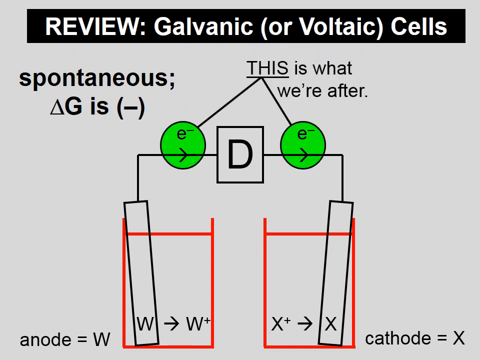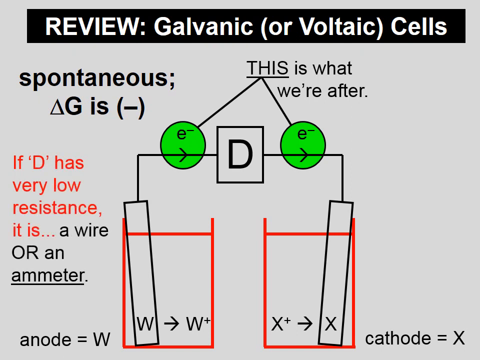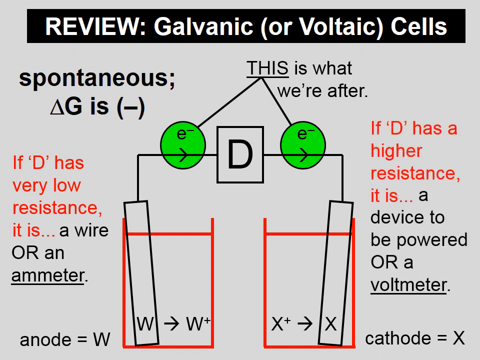And what we're after in a galvanic or a voltaic cell is that electron flow. We're after the current. If D has a very low resistance, then it's a wire or an ammeter. If it has a higher resistance, then it's a device to be powered, or it's a voltmeter.